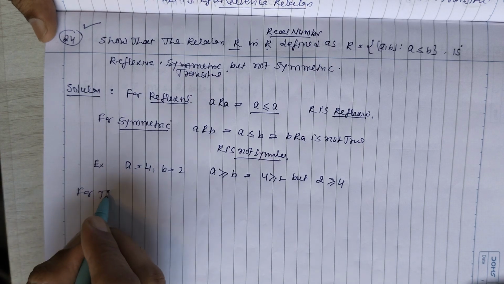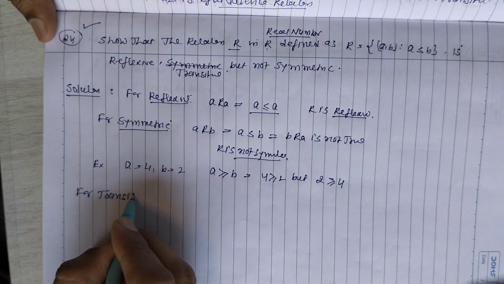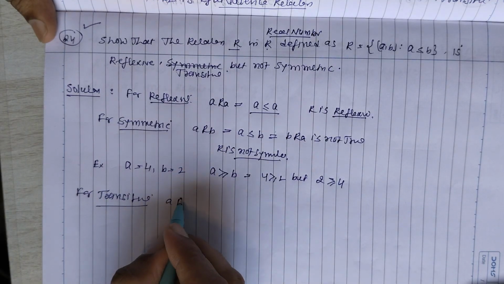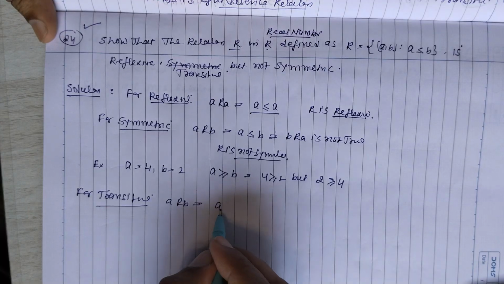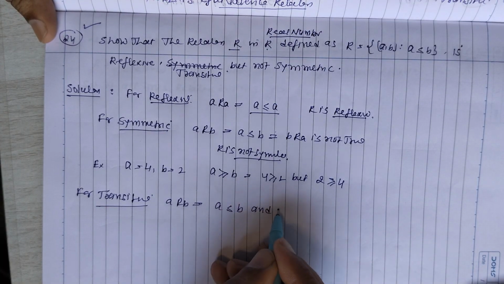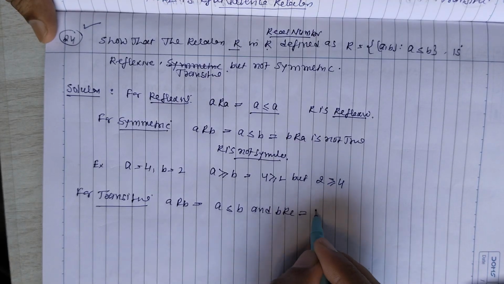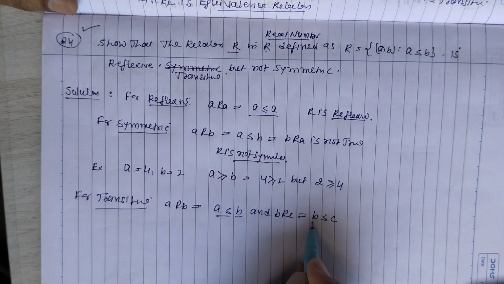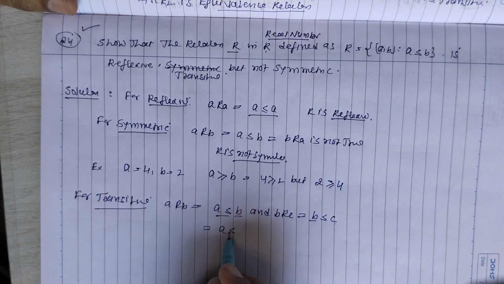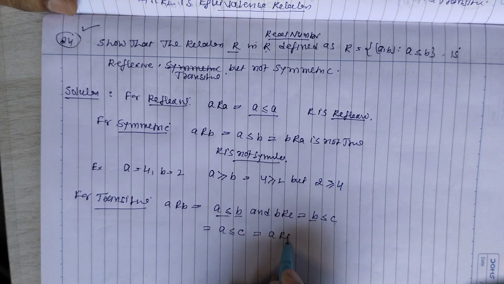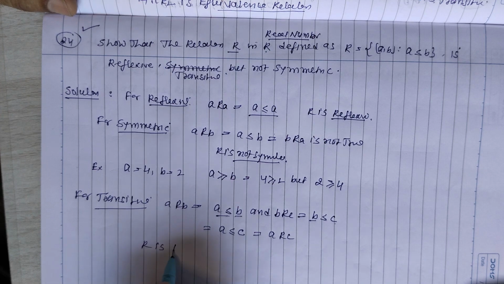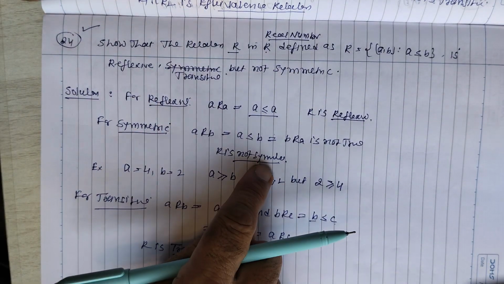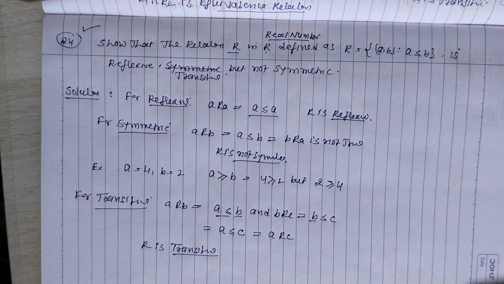For transitive, A related B implies that A is smaller than or equal to B, and B related C, then B smaller than or equal to C. So A is smaller than B and B is smaller than C, which implies that A is smaller than or equal to C, A related C, R is transitive. Only it is not symmetric, but it fulfills both conditions, transitive as well as reflexive.